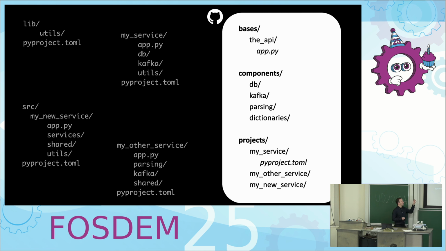What's common between these is that they have some sort of an entry point. If it's a FastAPI service, you define your entry points with the decorator and things like that. Or if it's a CLI, you probably have a main function. Those things you would put in the bases folder.